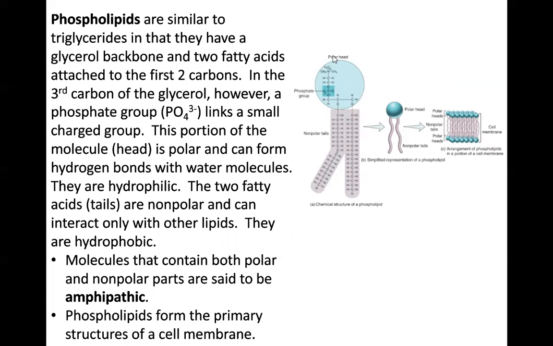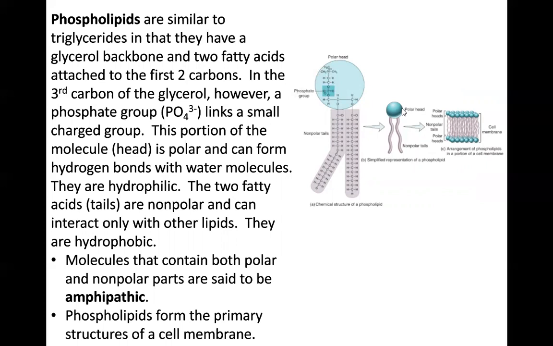What we call the polar head, which is charged, because phosphates actually have 3 negative charges. And then the tails, which are nonpolar, just like any other fat. But the polar head is unique because other fats are not polar. Okay. Which is really important when it comes to exposing these things to water. And as we know, our body is full of that substance, water.